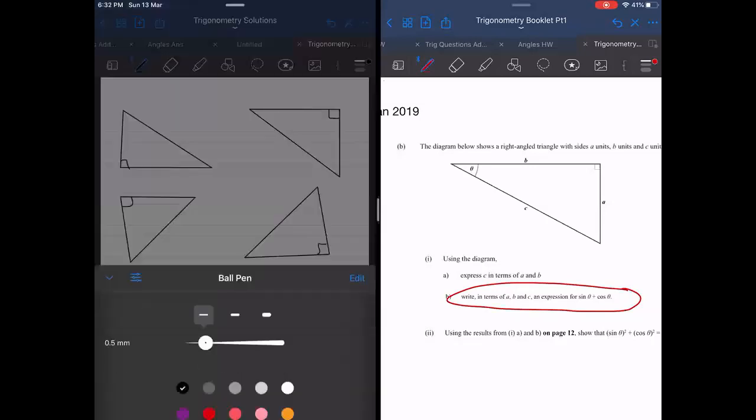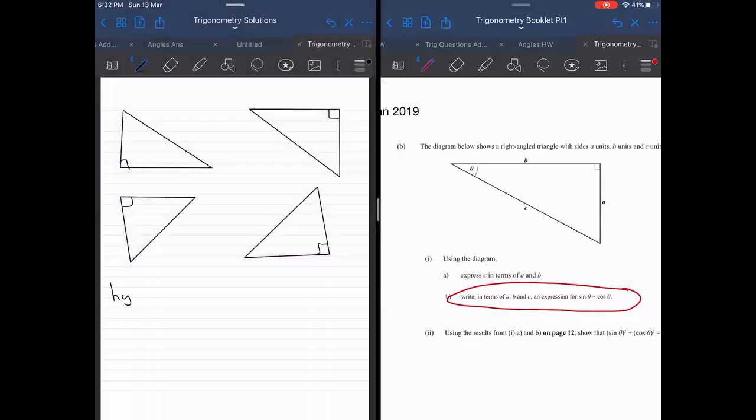The hypotenuse, as I said, is always across from the right angle.